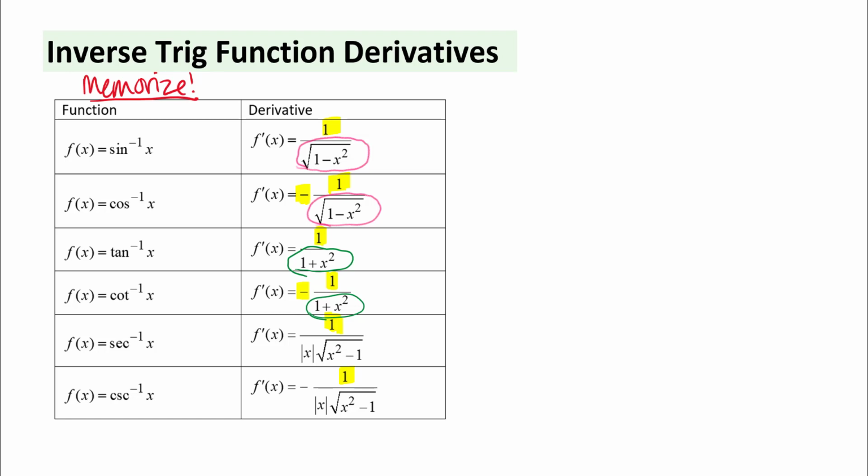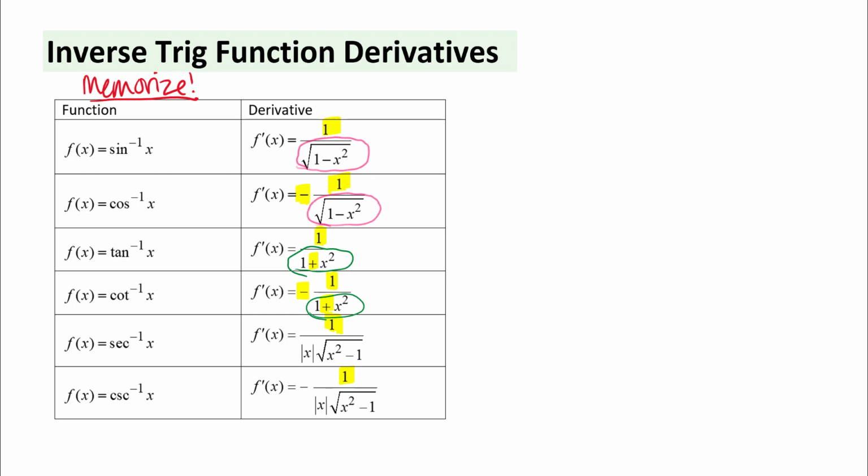So that's a difference between that and the sine inverse and cosine inverse derivatives. Also, because on tangent inverse and cotangent inverse, you've got addition there in the middle, you could have those terms on the denominator written in either order. So you could have x squared plus 1 instead of 1 plus x squared. For the derivatives that involve subtraction, though, remember order would be important there.